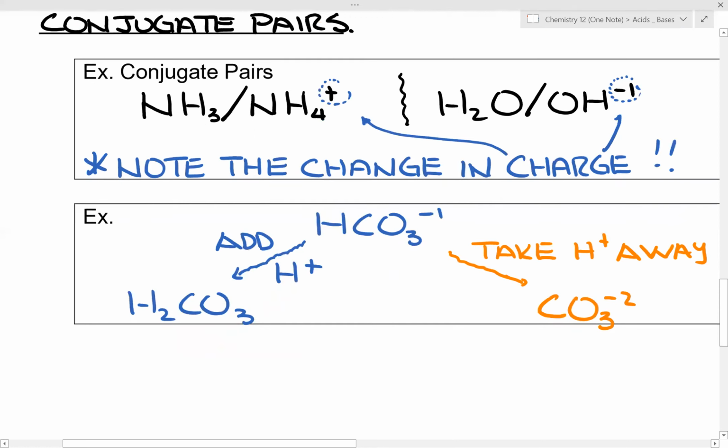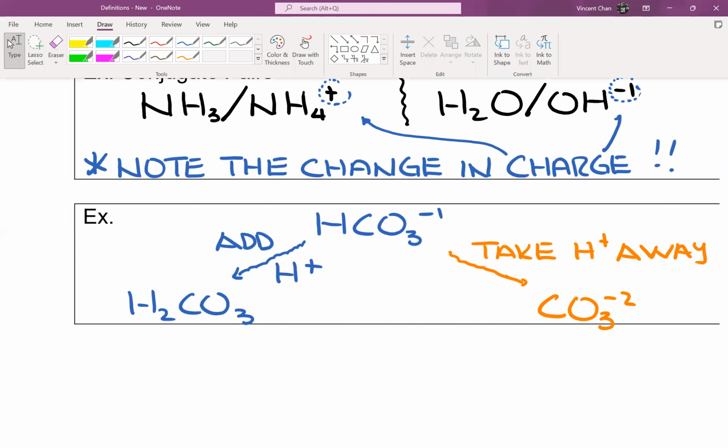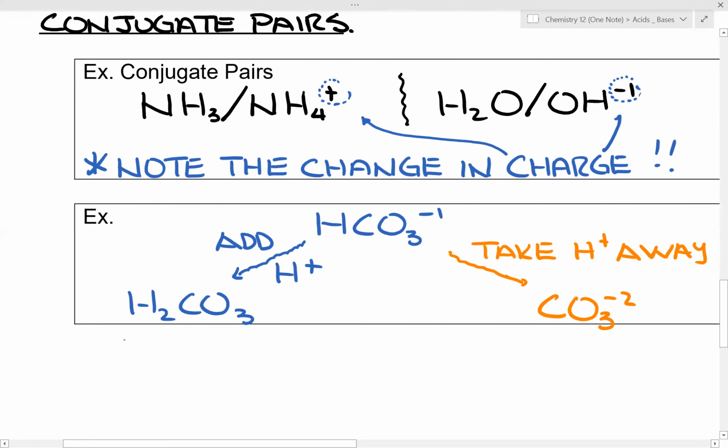In this particular case, focusing on HCO3 minus 1, when I add a proton to become H2CO3, this would be considered my conjugate acid.